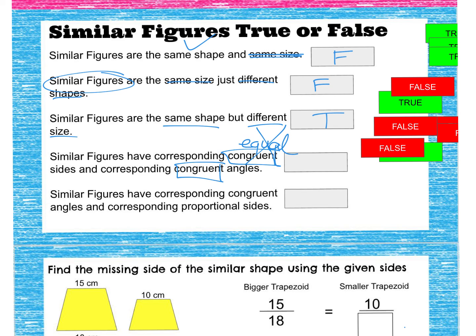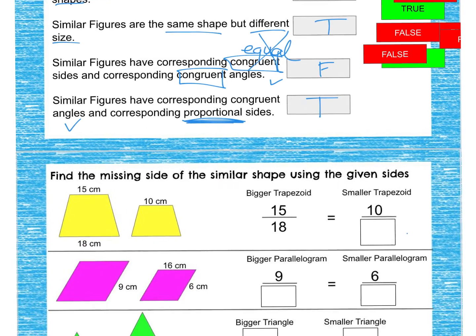But corresponding congruent angles. So the second part is good. So this is false. Next one, similar figures have corresponding congruent angles, which is good, and corresponding proportional sides. Proportional is good, right? But they can't say equal or congruent. So this is true. This is correct.